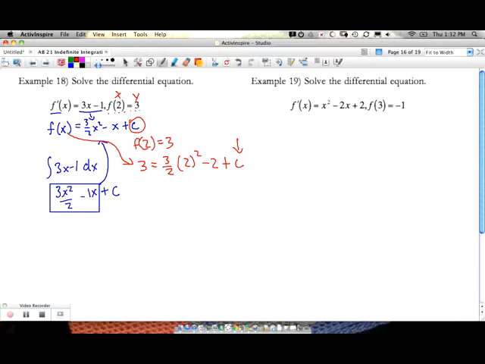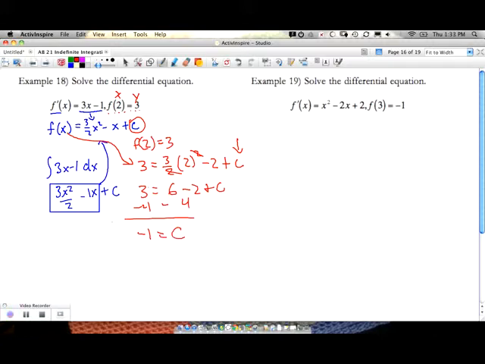So let's simplify. 2 squared is really 4, divided by 2 is going to be 2. So that first term is just 6. So 6 minus 2 plus c equals 3. So this 6 minus 2 is really 4, so I'm going to subtract 4 from both sides. That'll give me negative 1 equals c.